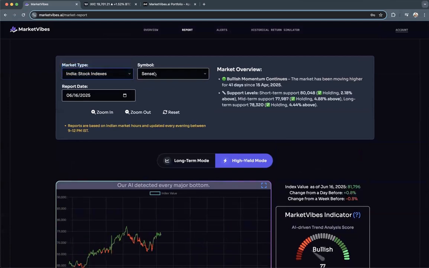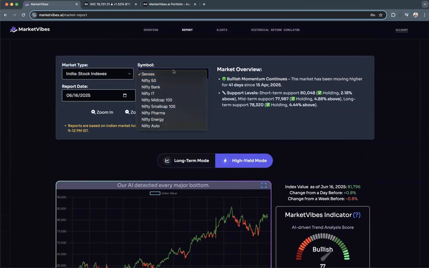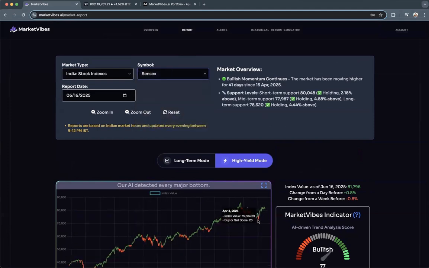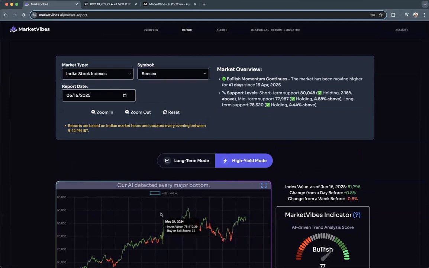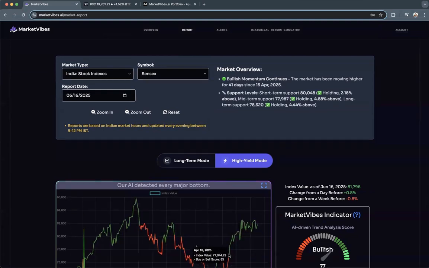Like in Indian markets, we have Sensex, Nifty 50, and all these other indexes. If you take an example of Sensex, right? You can see this chart has a decent correction and then a double bottom, and then it's turning green around, let's say, 17th April, right?